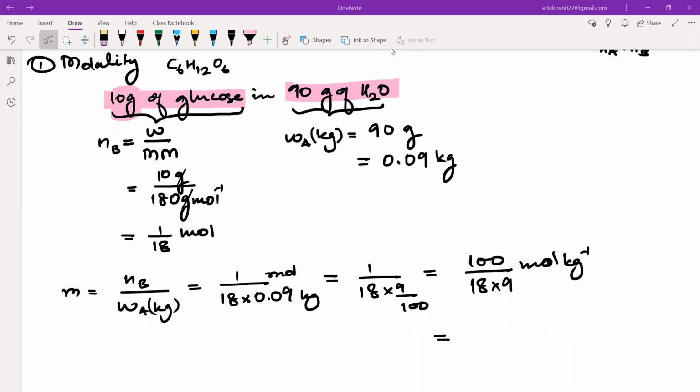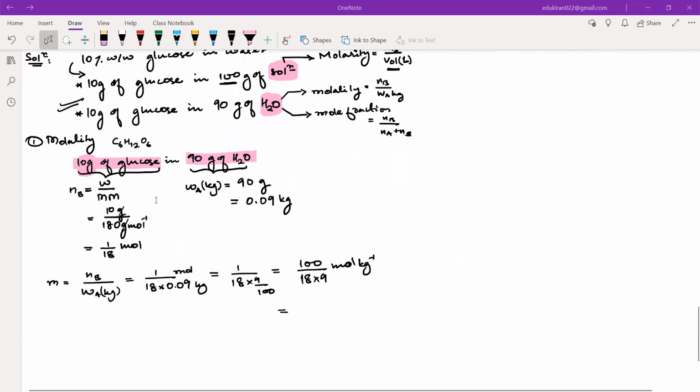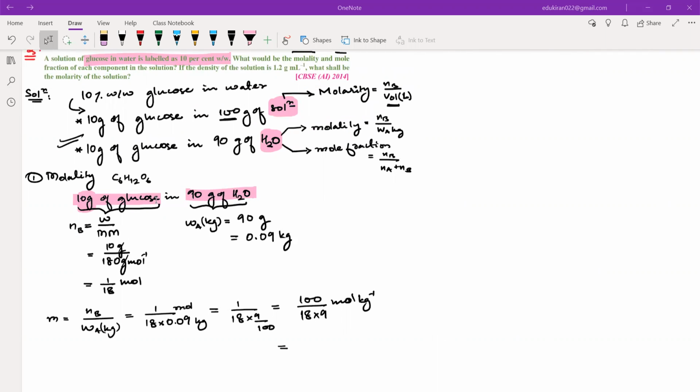50 upon 81, 50 upon 81, 50 upon 80, that means 5 by 8. 8 sixes are 48, and here we have 50, not 48, so 2 will be remaining, 20, that means it will be close to 0.62. Yes Matthew, correct.